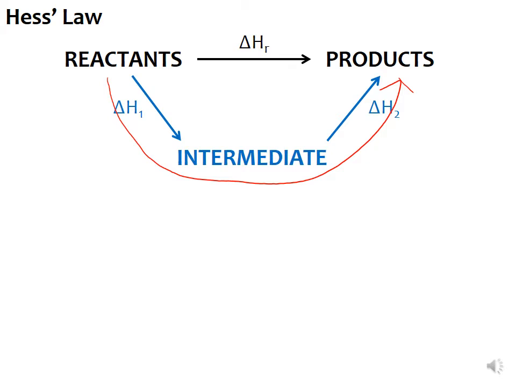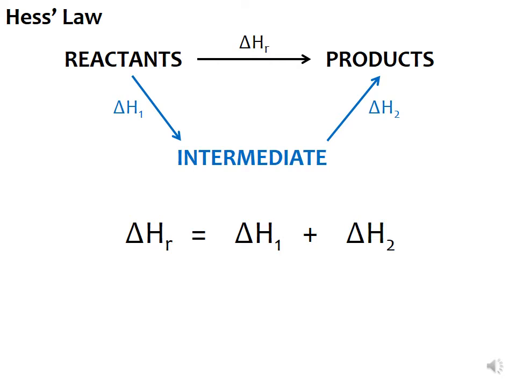We can state then that delta HR is equal to delta H1 plus delta H2, the energy for delta H1's reaction to occur plus the energy for the next one. Now, we are still going to get the same result.